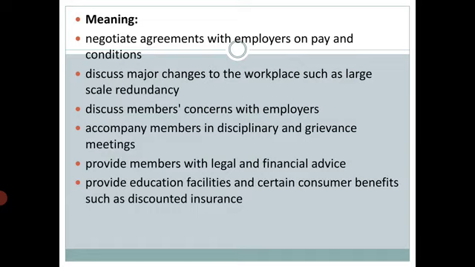Surely, yes, he will go on complaining, he will be having grievances, and to resolve his grievances, whom will he be approaching? He will approach the trade union first. After approaching the trade union, the trade union tries to convey the issues related to pay and working conditions to the employer.